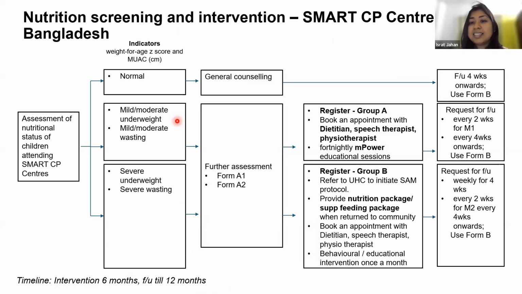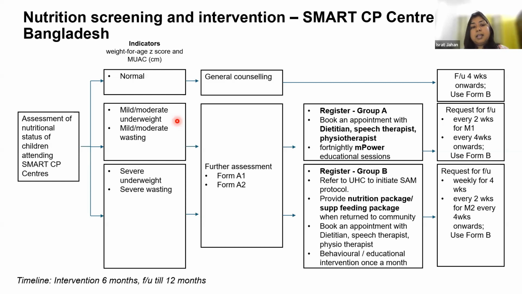We have these smart CP centers, as we call them, in rural sub-districts of Bangladesh, where we have access to community rehabilitation workers, physiotherapists, and a comprehensive multidisciplinary team via telerehabilitation.